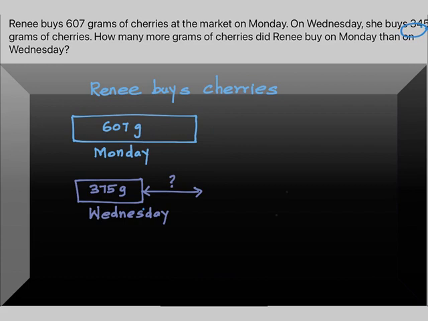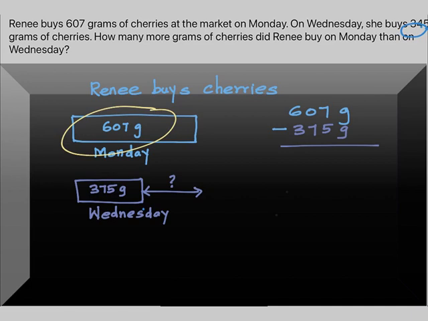Let us do this question by using the standard algorithm. 607 grams minus 375 grams. Whenever the total is given and also one part is given, when we are asked to find the other part, we have to go for a subtraction problem.